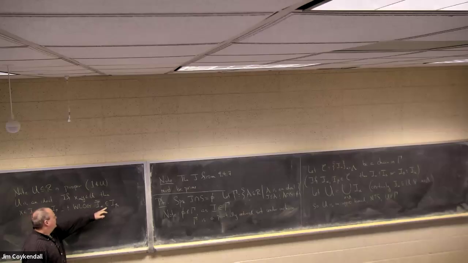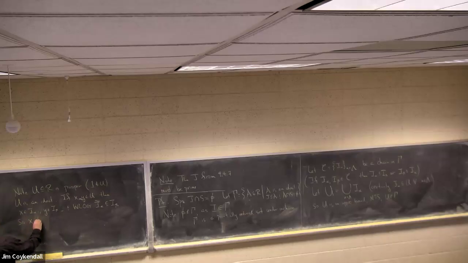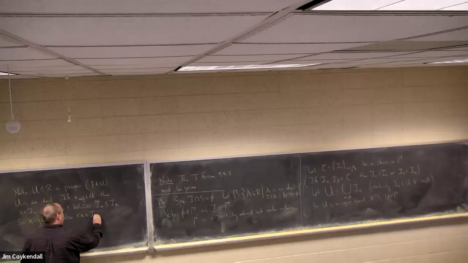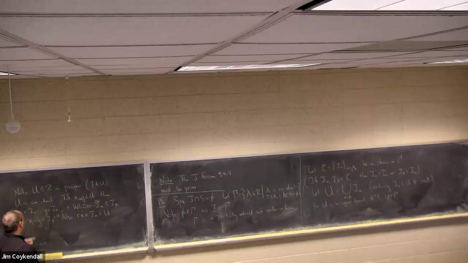And so since I alpha is contained in I beta, both X and Y are now in I beta. So it's a subgroup and it's absorbing.